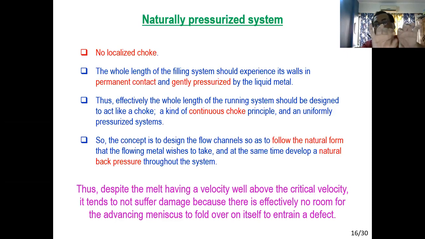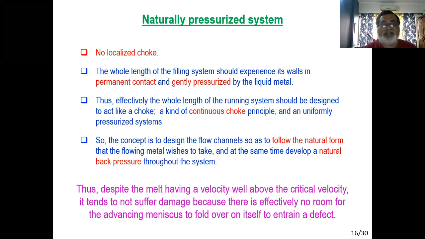So there will be no movement of the liquid metal, and we tend to contract a little bit. If the flow of the liquid metal is, let's say, 5 millimeter square, we reduce it to 4.5, so that there will be general pressure. So there will be no localized choke, just like in the pressurized system, there is no choke at the gate.